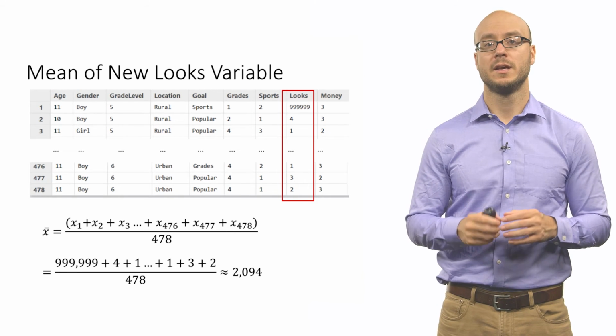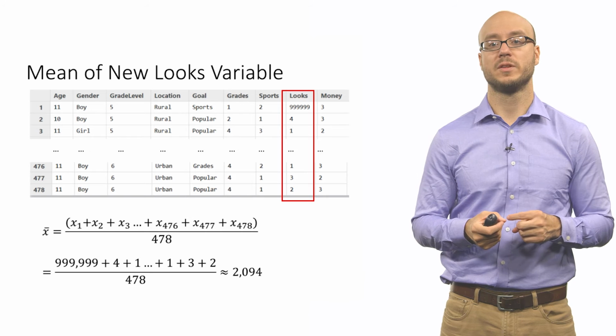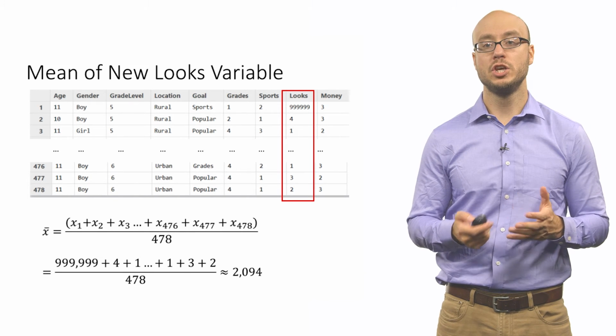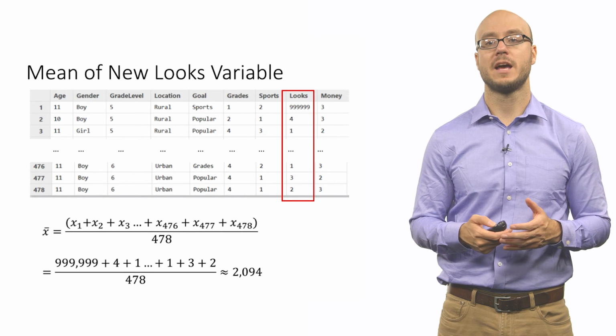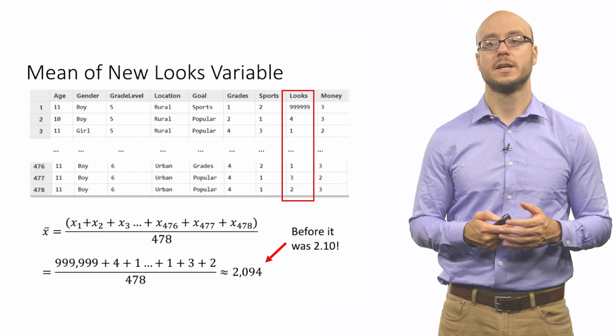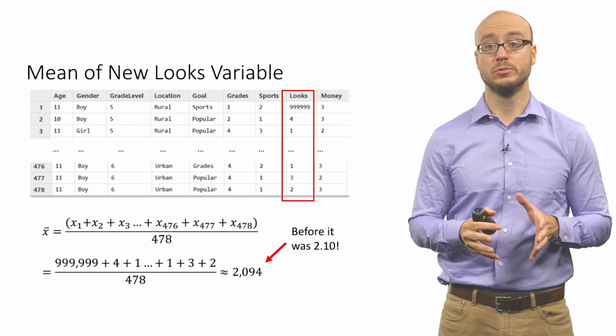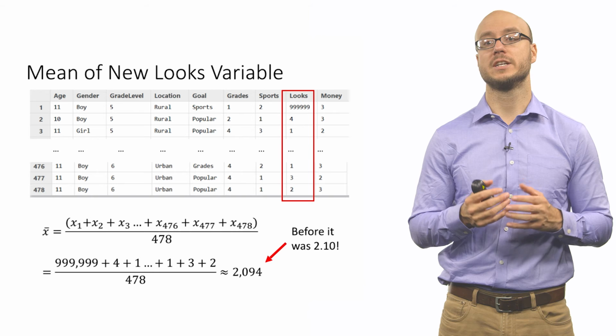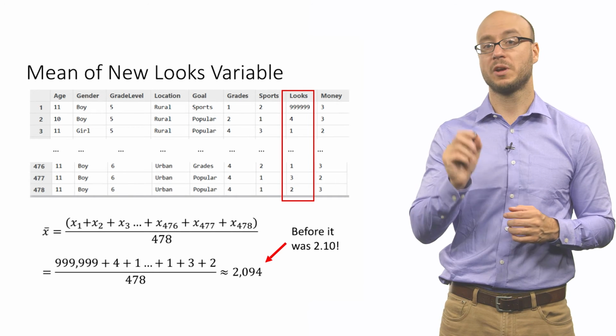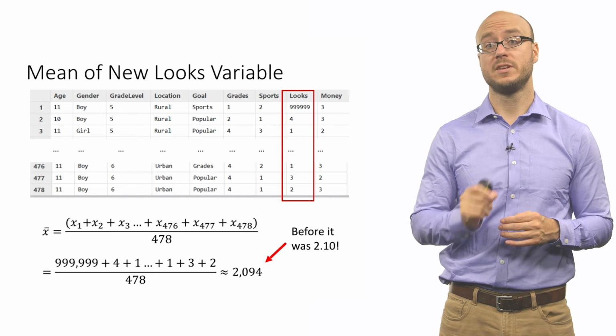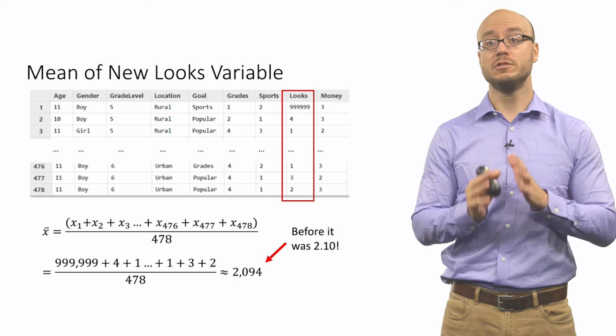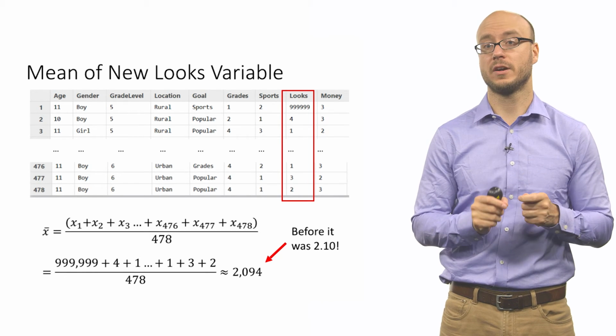Well, the mean, and we would use statistical software for this, is now huge. The mean is now above 2,000. Before it was about 2. So you see this huge increase based on this one data point. Keep in mind, there are 478 observations used to calculate the mean of the looks variable.